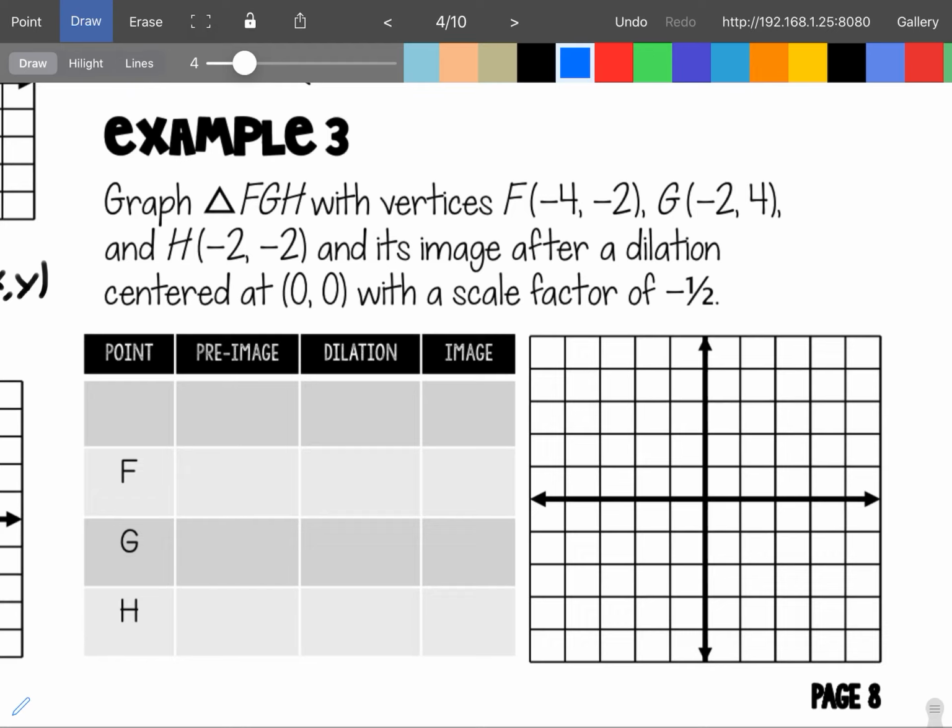Same idea on this dilation, except now the scale factor is negative 1/2. Well, if we do a scale factor of negative 1/2, we're just going to multiply all the coordinates by negative 1/2. So for example, if we do the point G, that point is at negative 2, 4.